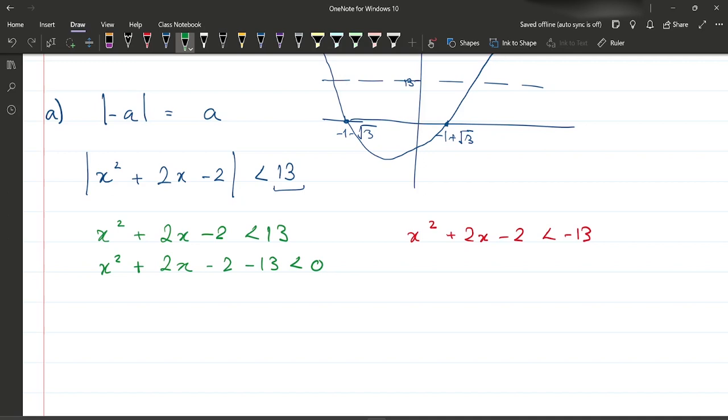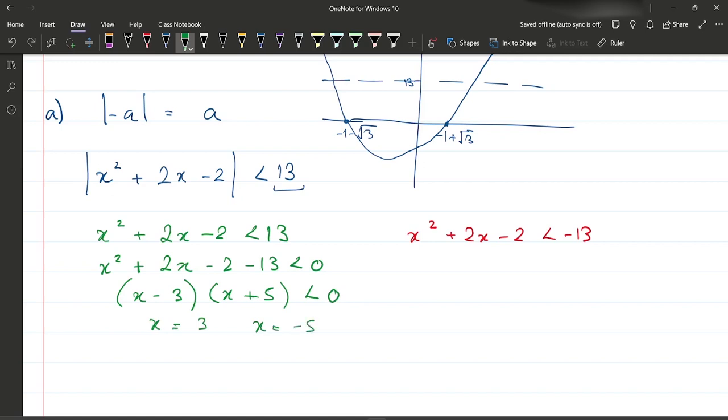Okay, this gives us x equals 3 and x equals minus 5. Let me just write this in the other form. Okay, so x equals 3 and x equals minus 5.